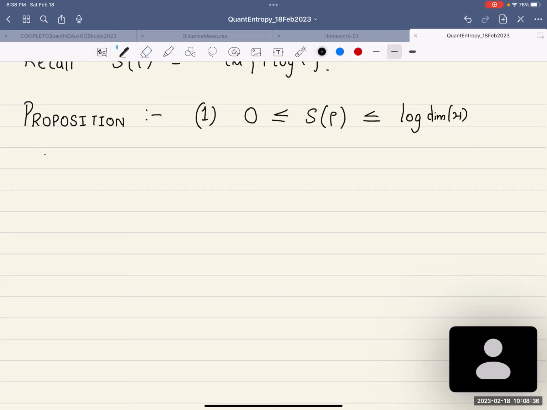Second, there are some interesting things here, some actually remarkable differences between the classical and the quantum, and we'll come to that. Suppose my joint state is pure.